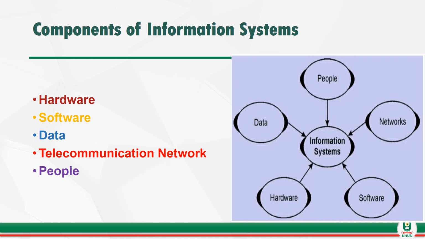Examples of the people include the Chief Information System Officer, the System Analyst, the Technical Information Systems Professional. In your course material, their individual responsibilities and other examples of people are explained. Please still refer back to your course material to get a more detailed explanation of the components of information system.